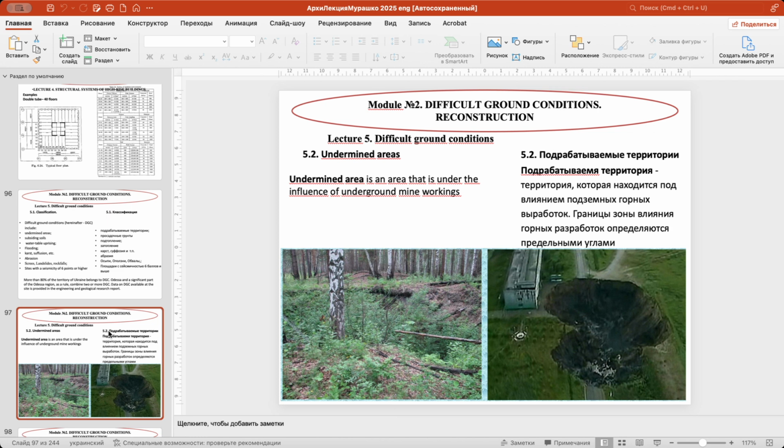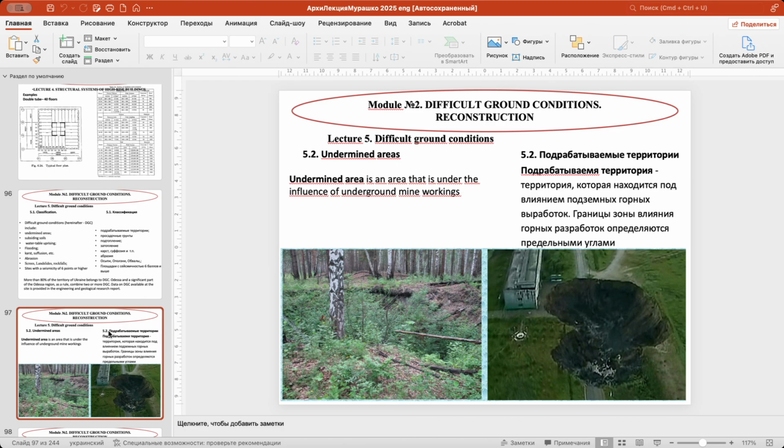For example, when we're talking about Donbass, the Donetsk and Lugansk regions, those regions are covered with undermined territories because miners mine the coal from underground shafts, and that underground emptiness has a huge impact on the buildings and structures located above ground.